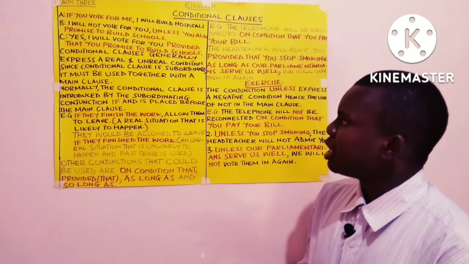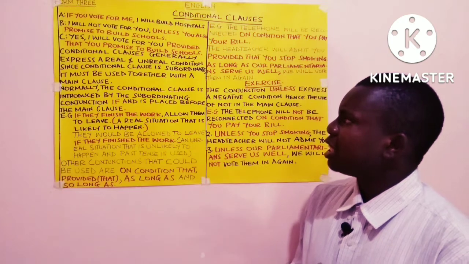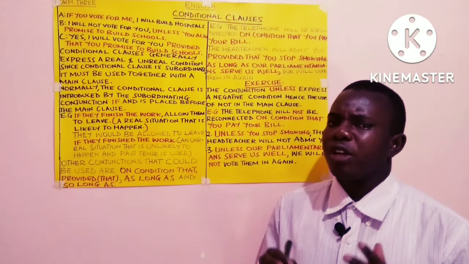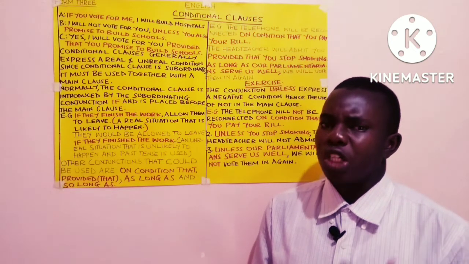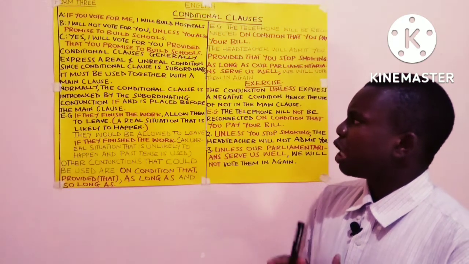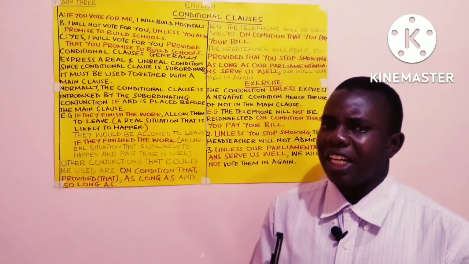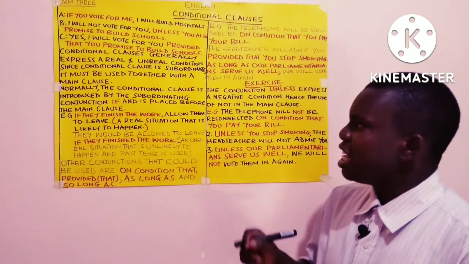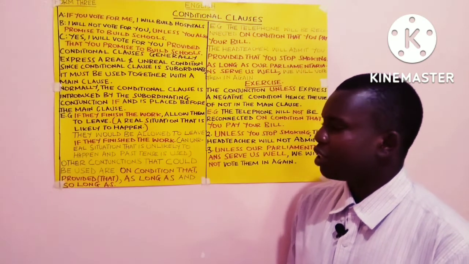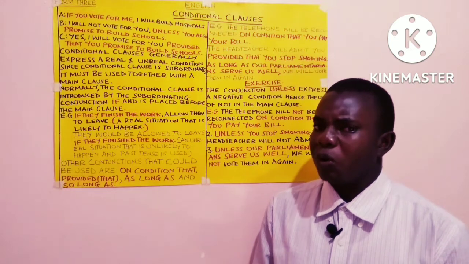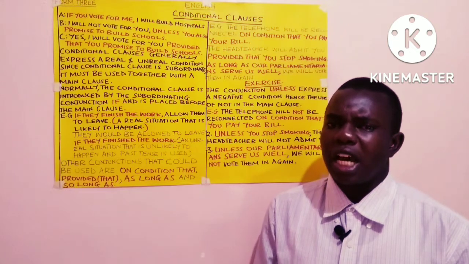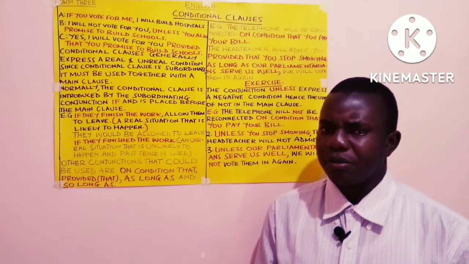Those clauses that are in red ink are the clauses that we refer to as conditional clauses. And conditional clauses generally express a real or unreal condition. What we also need to know is that conditional clauses are subordinate clauses.